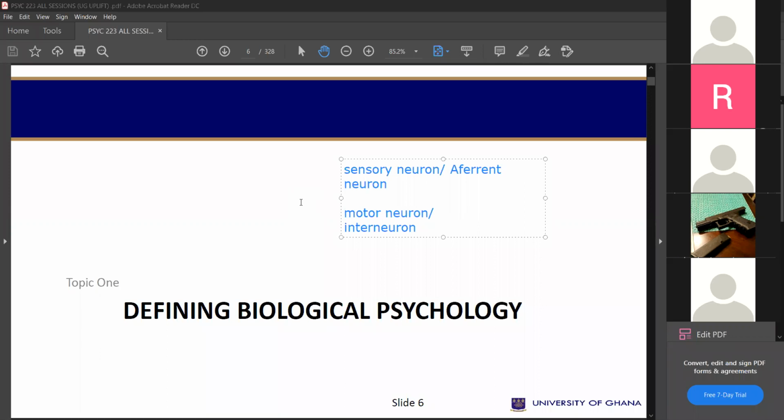The interneuron connects information from the sensory neuron and the motor neuron. Sometimes we call the interneuron a relay neuron. It means the same thing. The motor neuron is sometimes called the efferent neuron. So these are the terms you need to know. The interneuron is also known as the relay neuron.